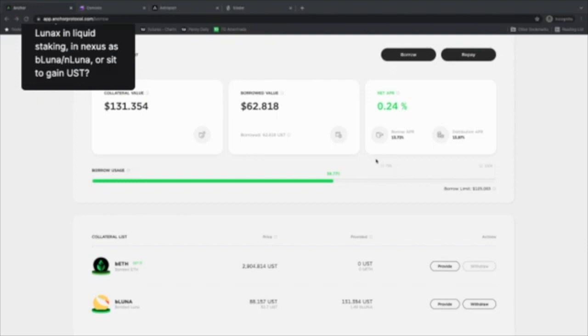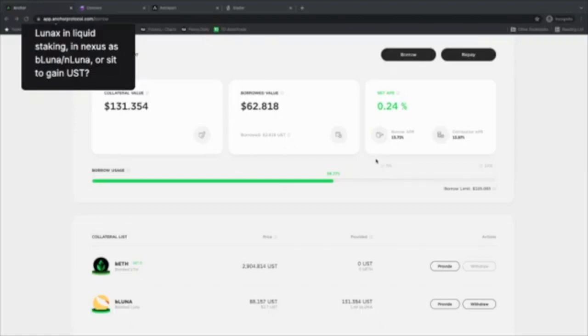If you add more collateral instead, like bonded Luna because you bought that, it only brings down your loan to value by about X divided by 2, meaning only half as much as if you just paid back part of the loan. So that's a really important insight when you're looping or trying to figure out how to manage your LTV.